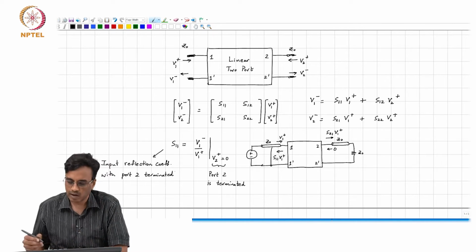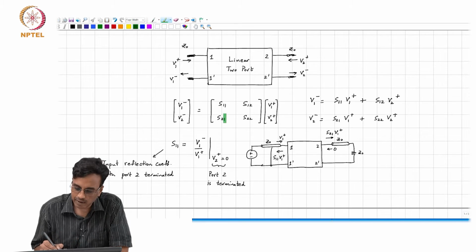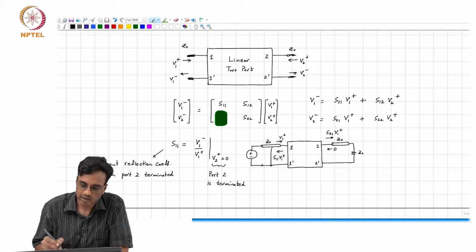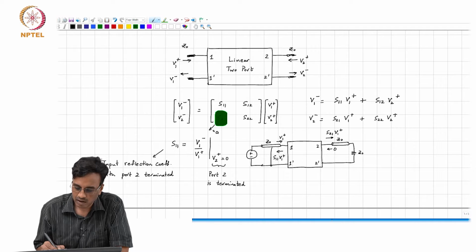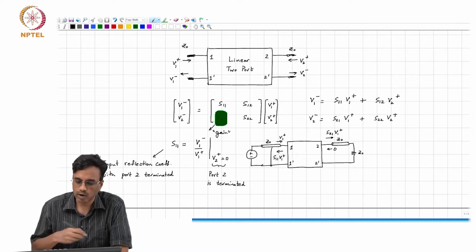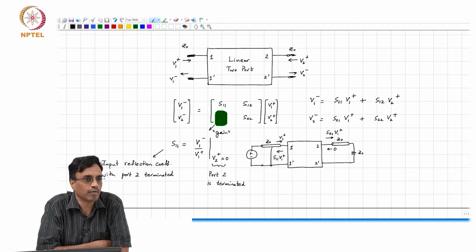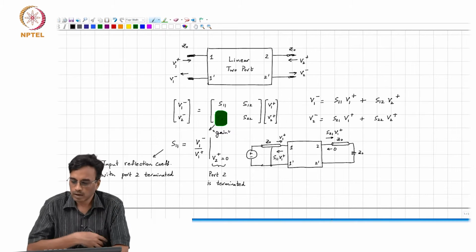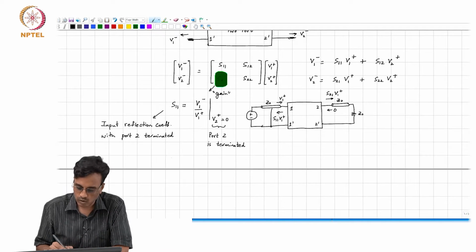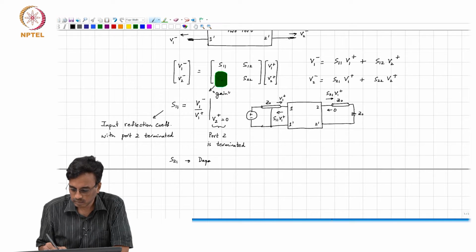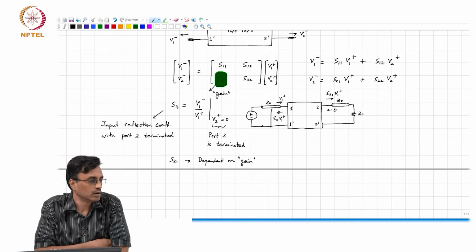S21 basically quantifies, within quotes, the gain or Y21 or whatever, the forward transfer parameter of the 2 port.